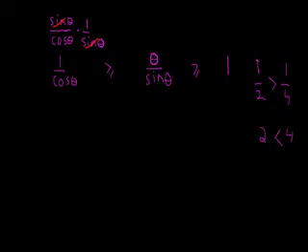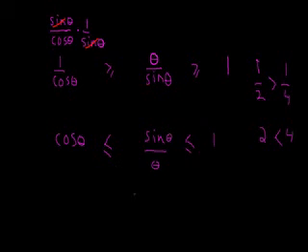The relationship changed. So let's go ahead and flip 1 over cosine, and I get cosine. And this is going to be the sine of theta over theta. And when you flip 1, you just get 1. And these relationships are all flipped as well.